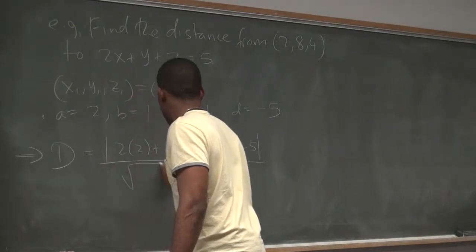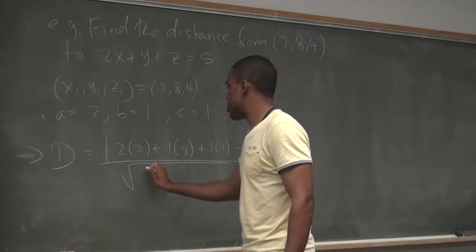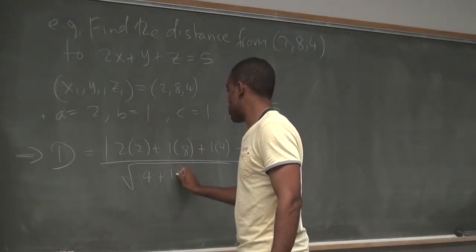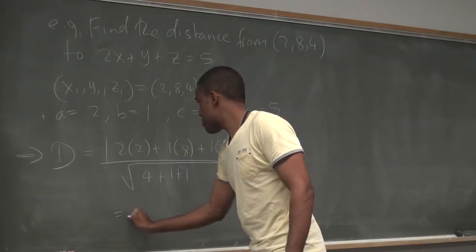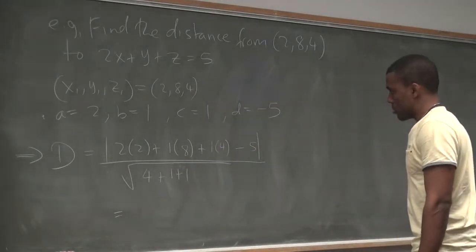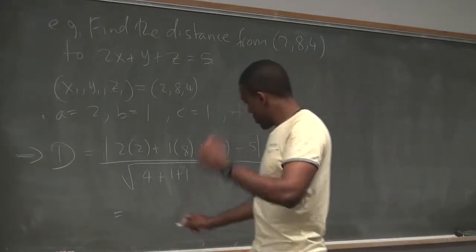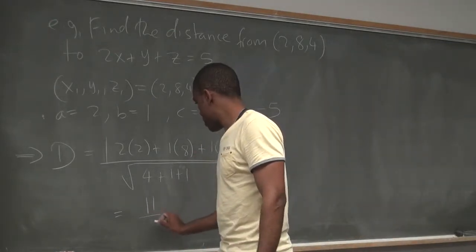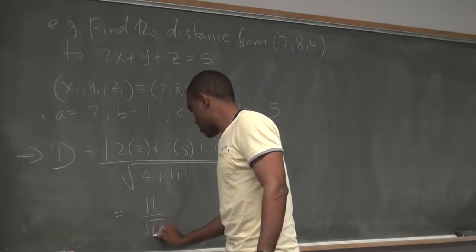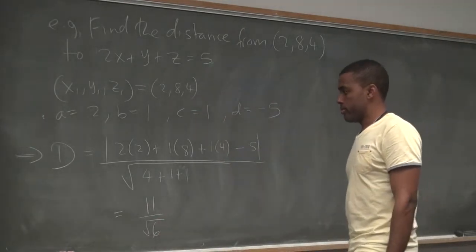All that divided by the radical of a squared plus b squared plus c squared, 4 plus 1 plus 1. Okay, that's 16 minus 5. That's 11 over radical 6. What's your distance?